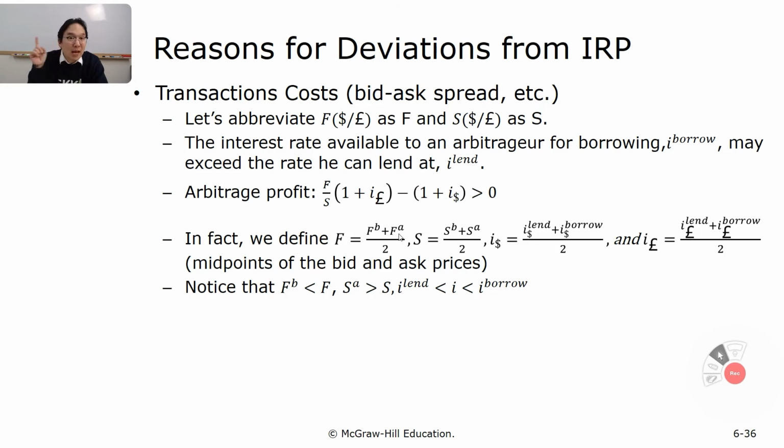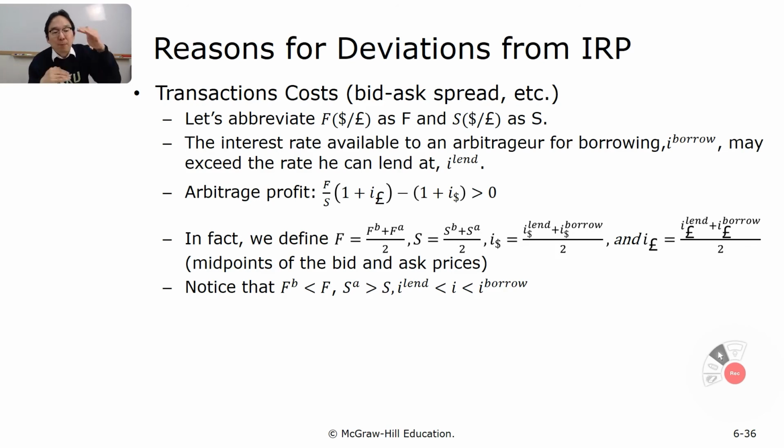Remember bid-ask spread? Yeah, bid price and ask price, right? In the market, because of the dealers and market makers, they want to charge bid price and ask price differently so that they get compensated for the inventory risk and information risk, the private information about the currency they carry, the currency they hold, right?